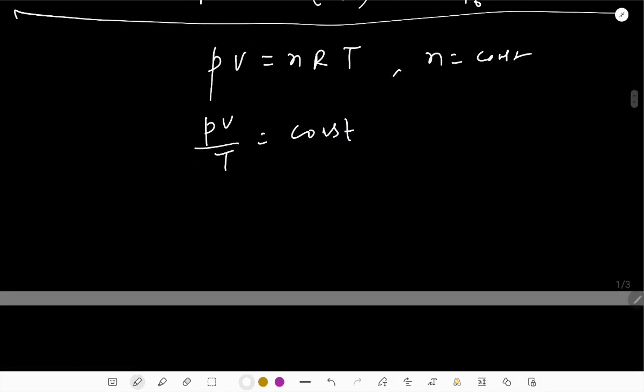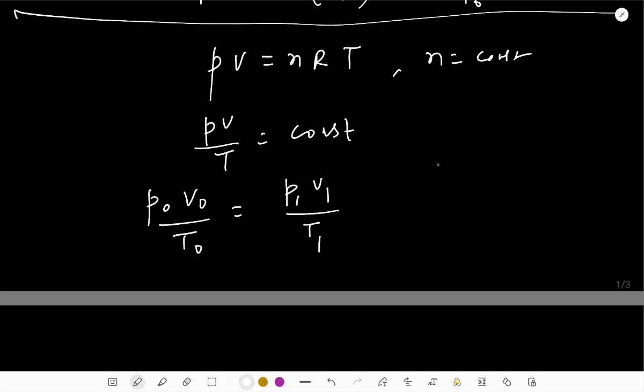And we are looking for the left hand side temperature, so we can write here initial conditions P0 V0 by T0, and that must be equal to P1 V1 upon T1. And we know the value of V1 and we know the value of P1.